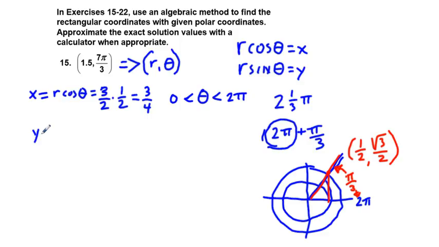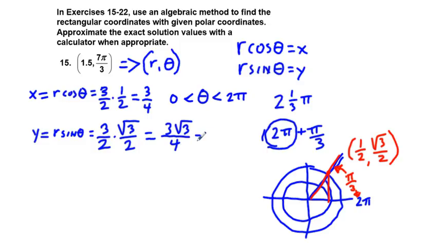Our y value is going to be, again, r sine theta, which in this case is going to be 3/2 times the sine, which is square root of 3 over 2. So in this case, we're going to get 3 square root of 3 over 2 times 2, which is 4. And I think the book puts it in the form of 3/4 square root of 3, which really between the two there's no difference.